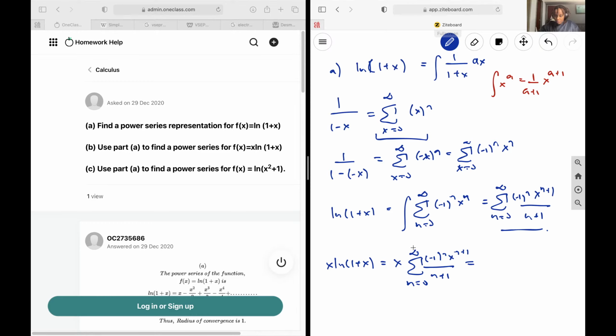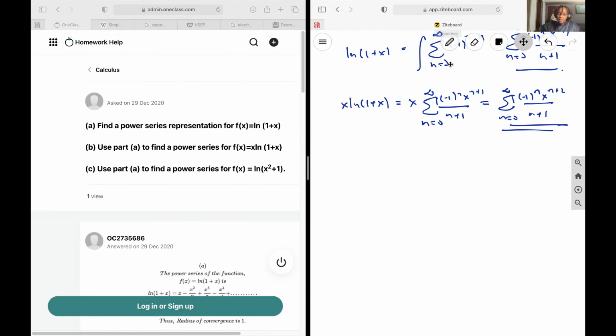And when you move it in, it will become x to the power of n plus 2. And that's going to be your final answer for that part.